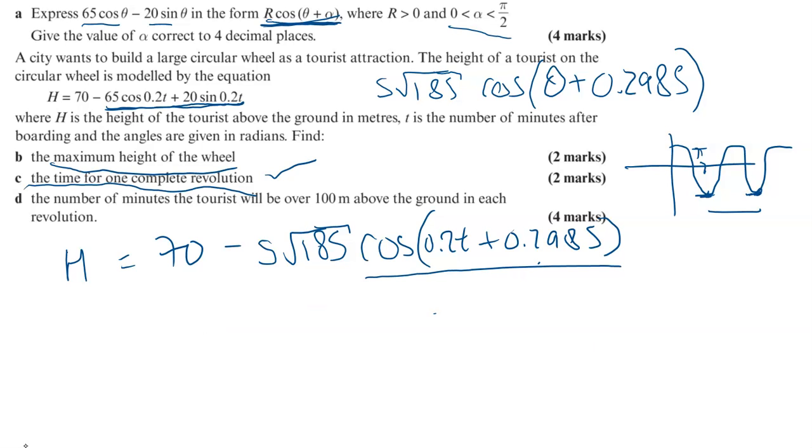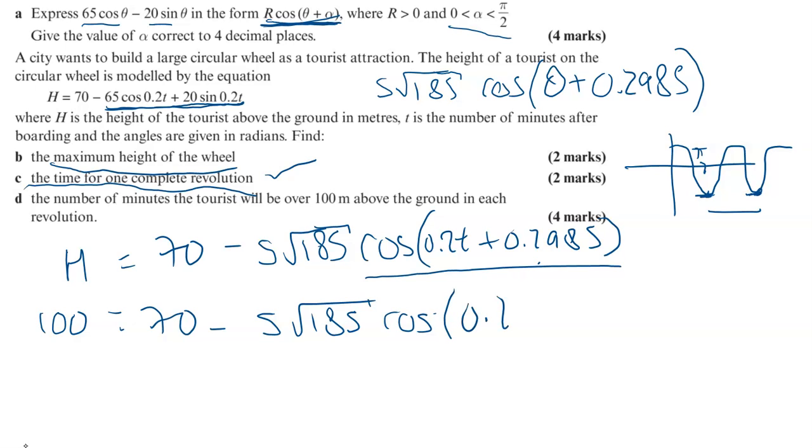What we want is the time when they are 100 meters above the ground. So we're going to say 100 equals 70 minus 5 root 185 cos of 0.2t plus 0.2985. And then it's just a simple case of solving for t.